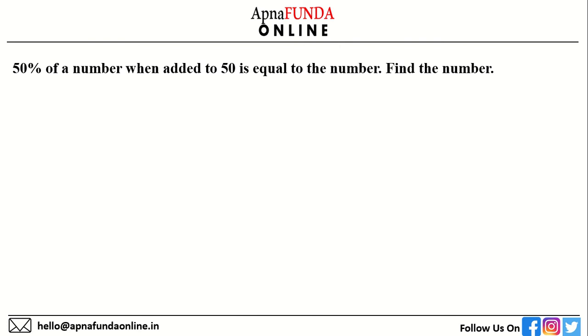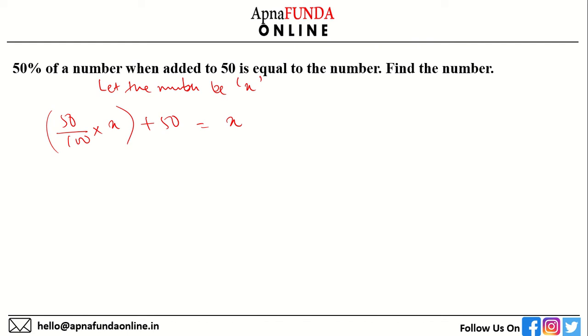Next question. 50% of a number when added to 50 is equal to that number. So in this case also we have to assume a number. So let the number be x. 50% of a number when added to 50 is equal to the number, right?